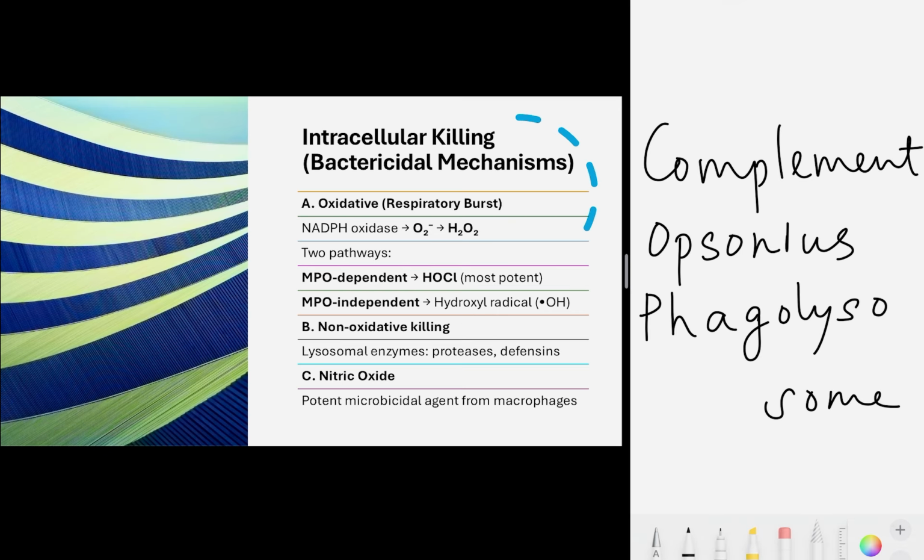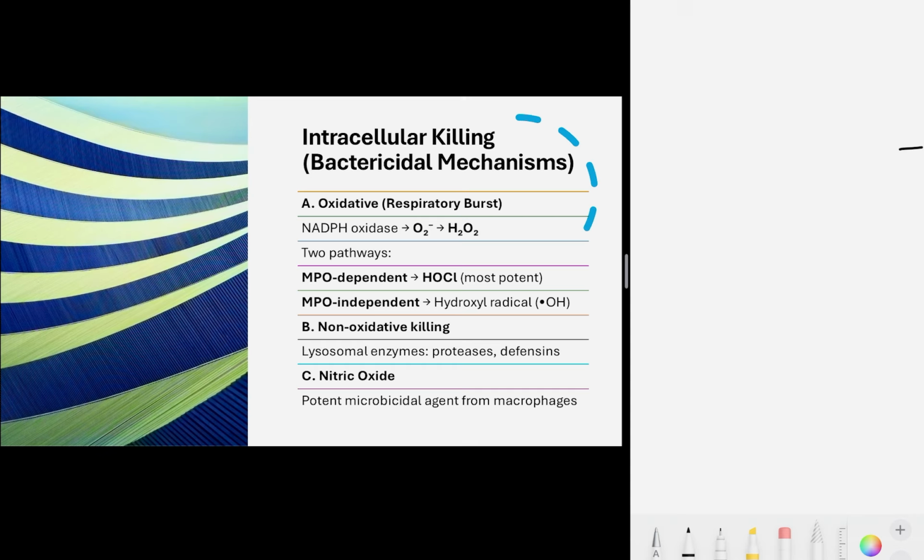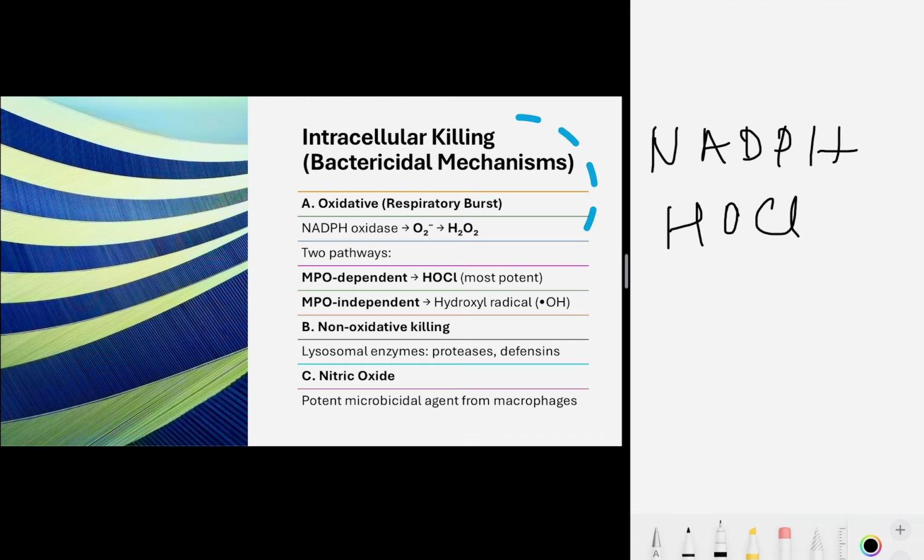Inside the phagolysosome, microbes are destroyed through oxidative and non-oxidative mechanisms. The oxidative pathway involves a respiratory burst, driven by NADPH, nicotinamide adenine dinucleotide phosphate, oxidase, producing superoxide anion and hydrogen peroxide. In neutrophils, myeloperoxidase, or MPO, converts hydrogen peroxide into hypochlorous acid, which is the most potent bactericidal agent.